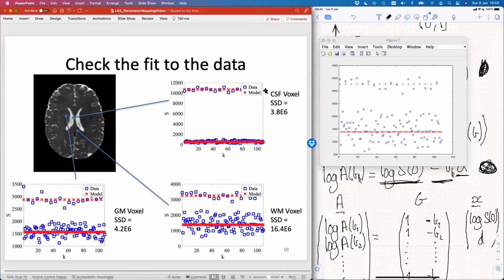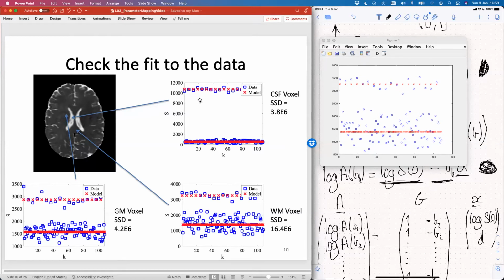We see that first of all, the S0 measurements have a relatively high value compared to white matter and grey matter voxels, so about 4 times the size. And there's a much greater difference between the B0 images and the B1000 images, because we get large attenuation because there's high diffusivity in these regions.